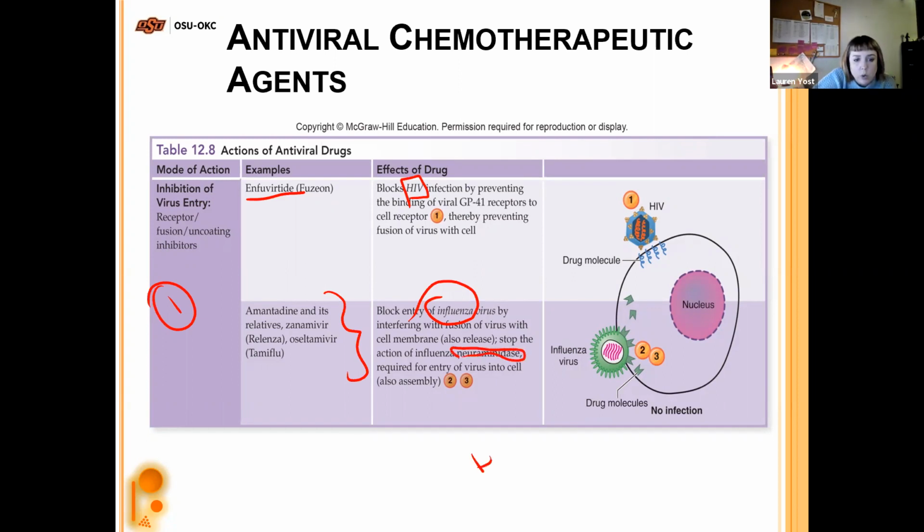Like when we say H1N1, right? This is hemagglutinin. Let me write it for you so you can see. And this one is neuraminidase.